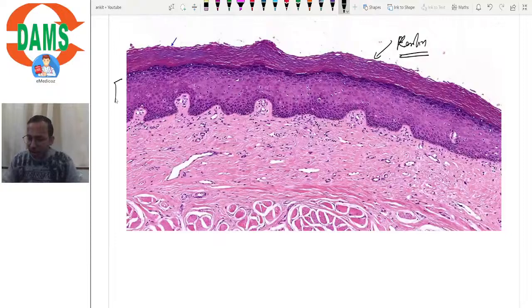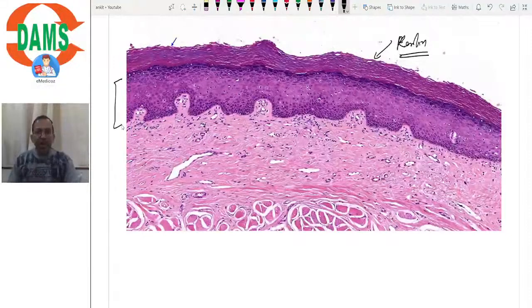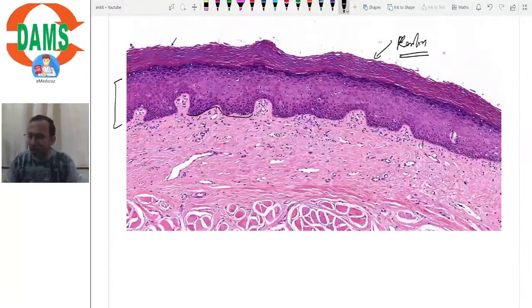Now what about the rest of the epithelial layers? Do you think there is a proliferation or do you think there is a loss of rete ridges? यहां पर rete ridges का proliferation दिख रहा है या उनका loss दिख रहा है? So as you can see, the epithelium or the rete ridge part appears to be broadened, isn't it? And its depth appears to be very less.